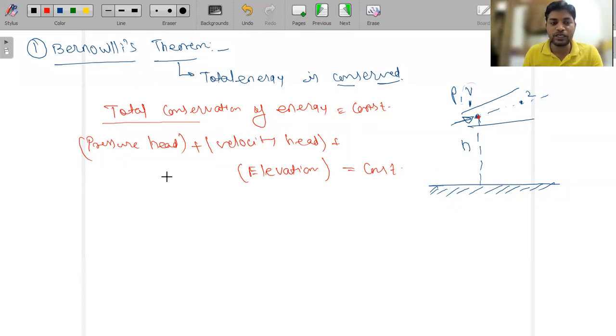In other terms, this is the potential energy, this is the kinetic energy, and this is the pressure energy, if you want to define it in terms of energy.